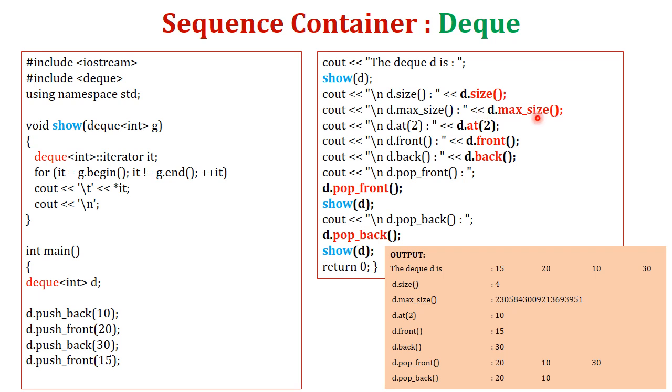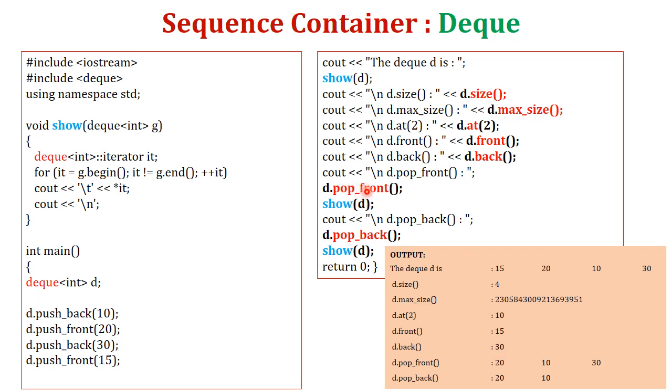Then d.max_size will tell the maximum size. And at(2) means what? What is the element at the second position? 0, 1, 2. What is the value here? 10. Then what is the front of the deque? 15. What is the back of the deque? That is 30.